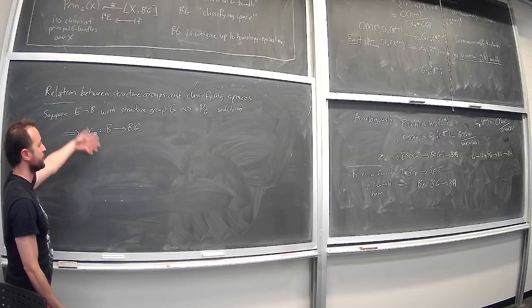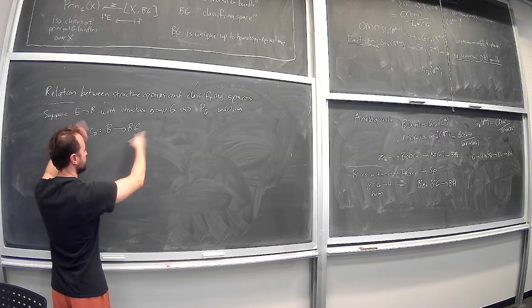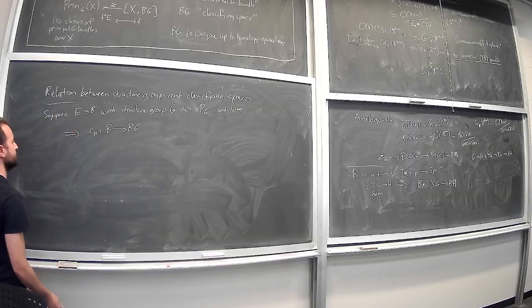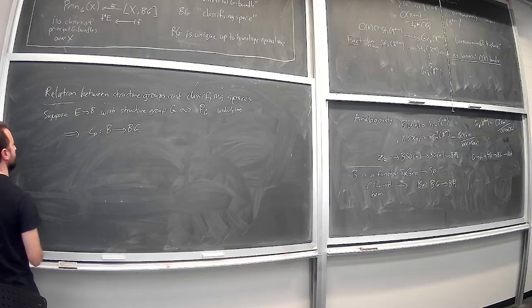And E is isomorphic to pulling back EG and then replacing the G fibers with whatever F we had to begin with. Right? So suppose that we have this.